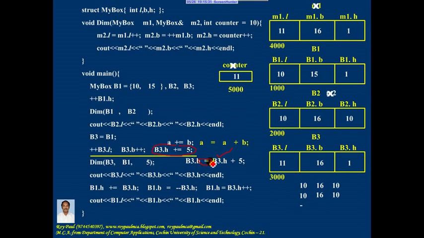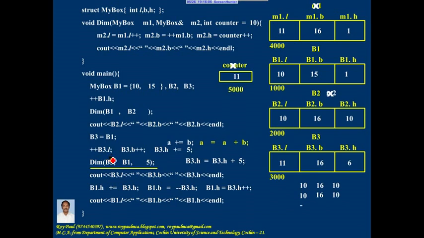Now the assignment operator means the right hand side is assigned to the left hand side. So what is the right hand side? b3.h, it is 1. So b3.h is 1 plus 5. So 1 plus 5 is 6. So 6 is assigned to b3.h, which means this becomes 6. Now after executing this, control will go to the next line.